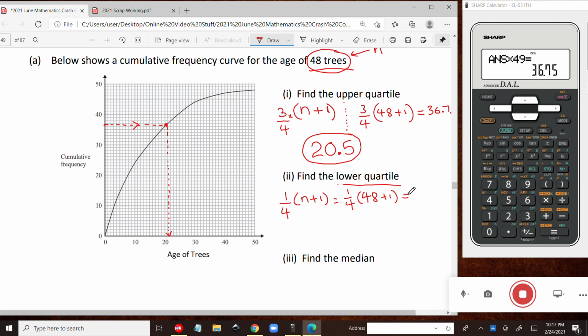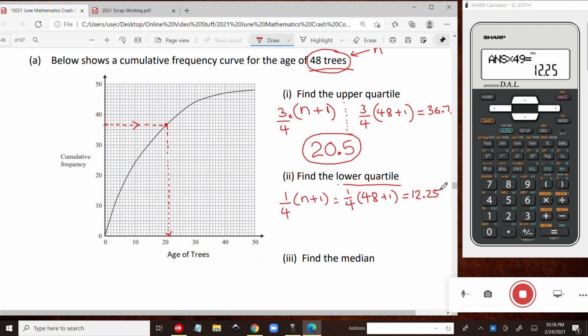Let's work this out on my little calculator here, right? 1 divided by 4 is a quarter, multiplied by 49, the 48 plus 1. And we get 12.25.